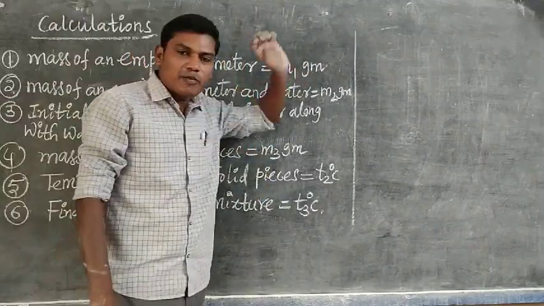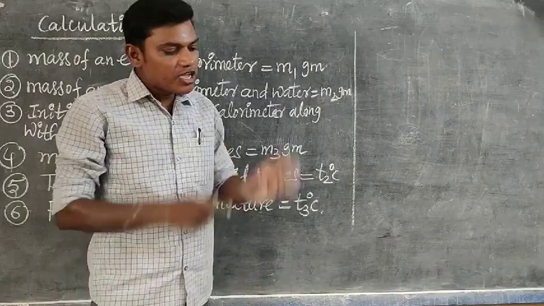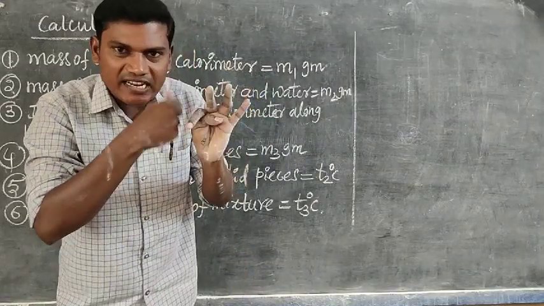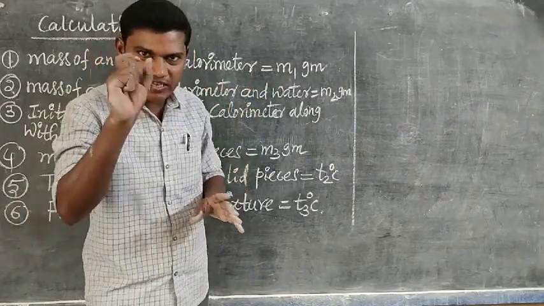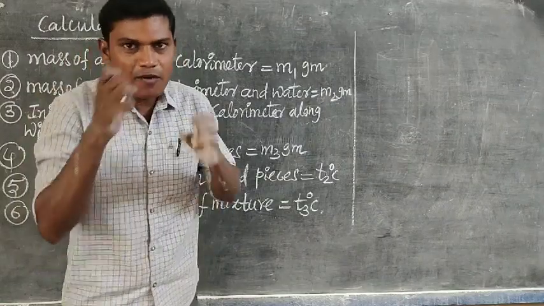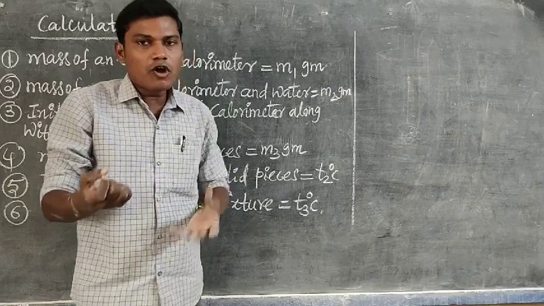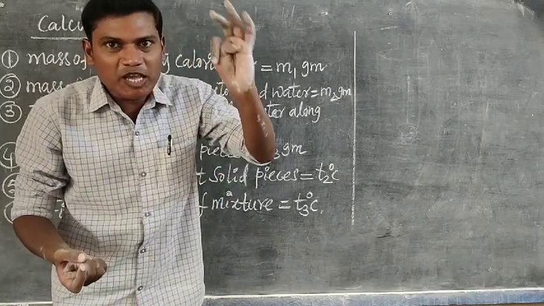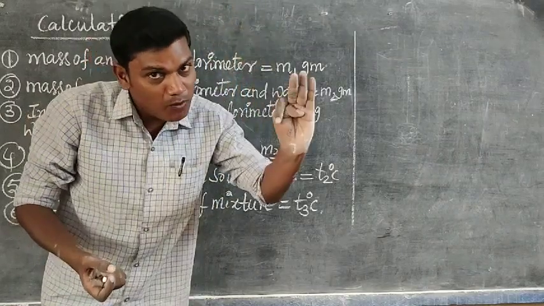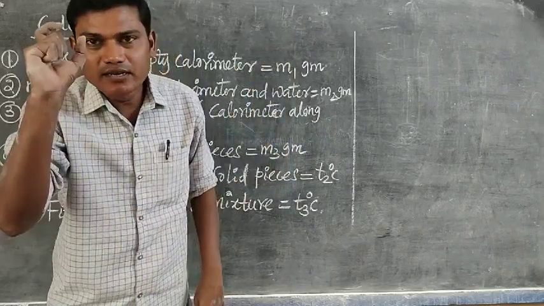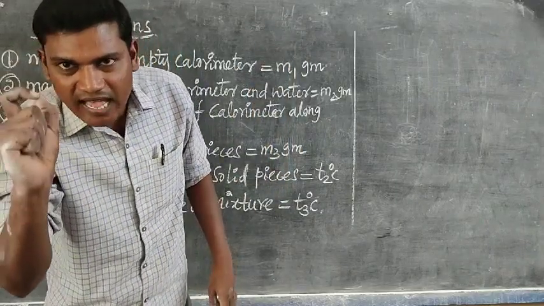Here in our calorimeter concept, the calorimeter and water we consider as one body, one system, and the hot solid pieces we consider as another body or system. Initially the calorimeter and water both act as cold bodies, and the solid pieces act as the hot body.